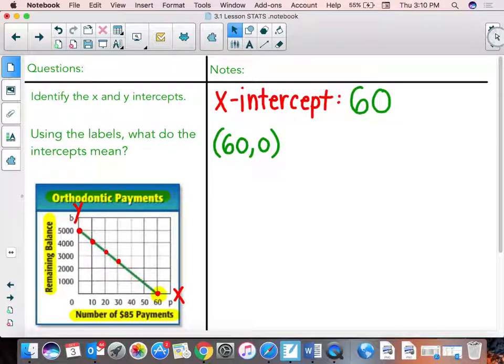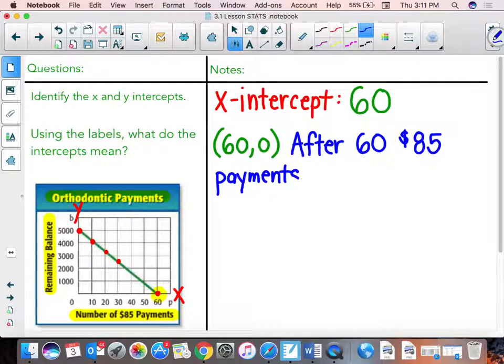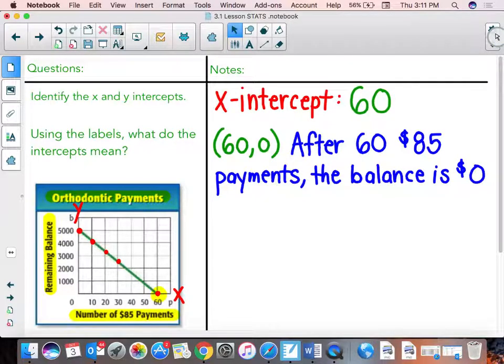Now, the meaning of that is that after 60 $85 payments, the balance is 0. So after they've made 60 $85 payments, they have paid for the braces, they don't owe anything else.